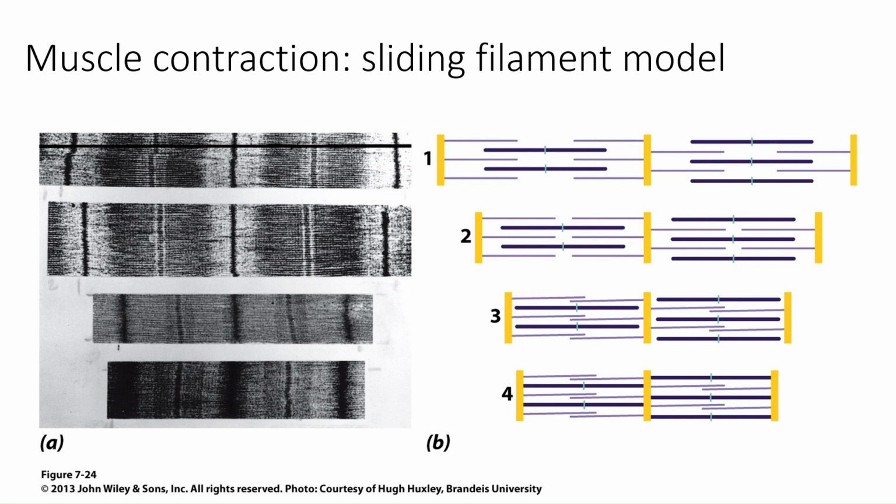And then you can see something is happening that's causing the thin and the thick filaments to slide along one another and cause the sarcomeres to ultimately get shorter. And so ultimately we cause this whole process, the sliding filament model, where the thin and the thick filaments are sliding past each other to make the sarcomere as a whole get longer or shorter.